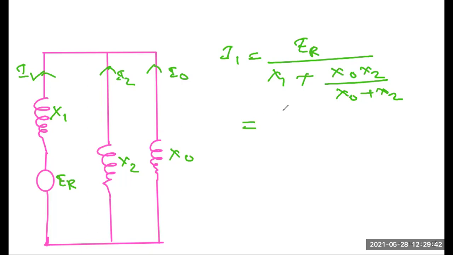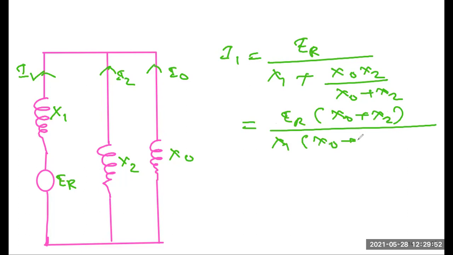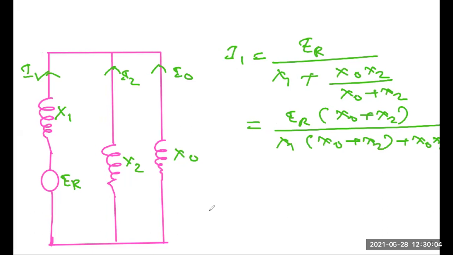So this will be ER into X0 plus X2 divided by X1 into X0 plus X2 plus X0 X2. I1 is clear? Yes, sir.